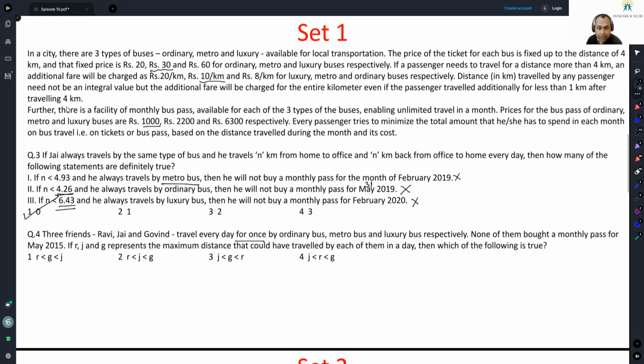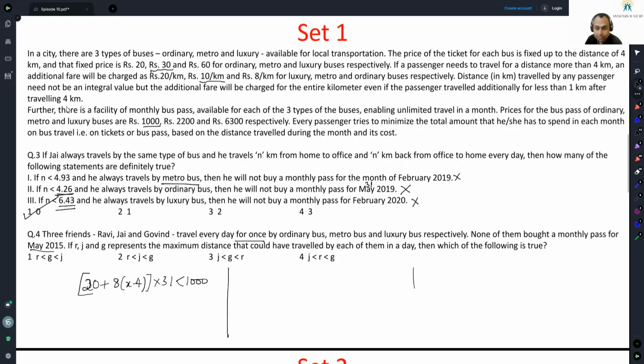Let's see. For Ravi, his charges are how much? 20 plus 8 into x minus, okay, this is May, so 31 I have to take care of, x minus 4. This whole thing into 31 has to be less than 1000.